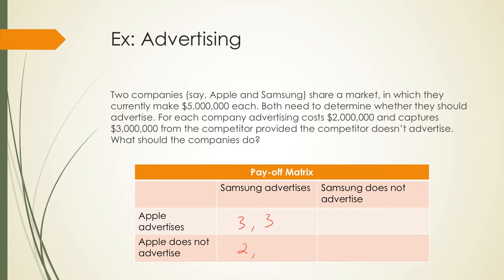But since it is spending $2 million on advertising, its net payoff is $6 million. If Apple advertises and Samsung doesn't, we get similar payoffs, but in reverse. Lastly, if neither company advertises, both companies maintain their original market share. Then each company has a payoff of $5 million.